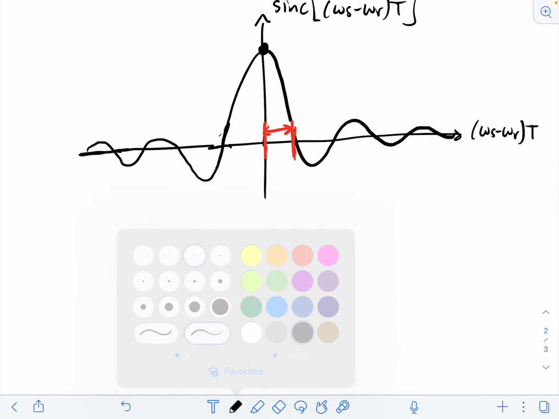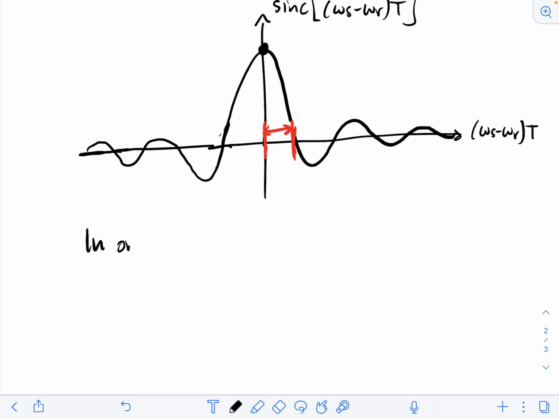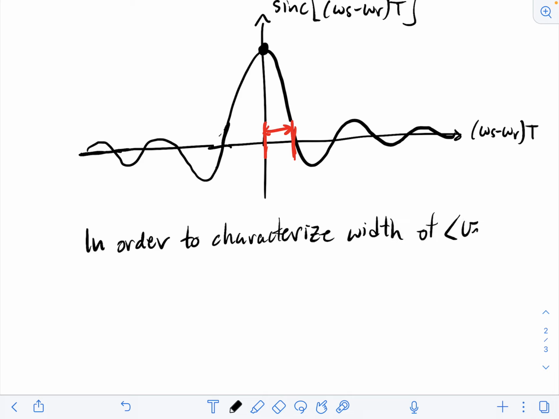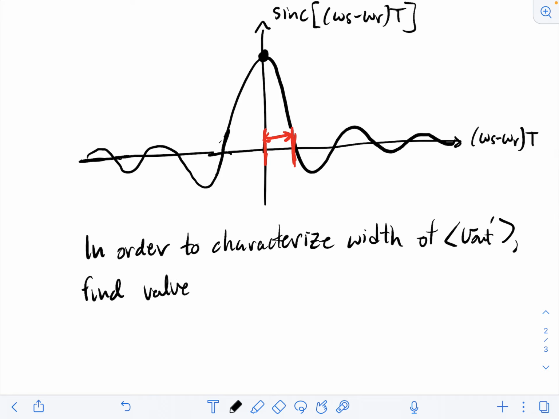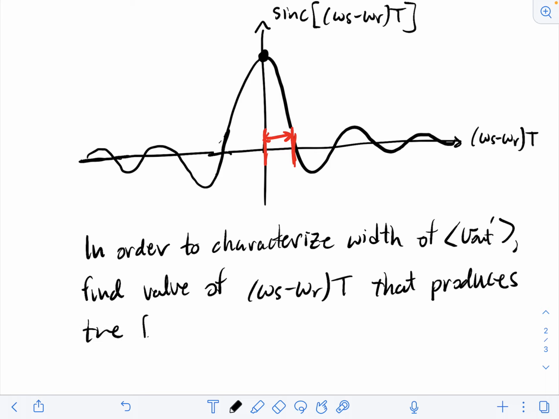Okay, so in order to characterize the width of this V out prime average, we're going to find the value of omega s minus omega r times the averaging time that produces the first zero of the sinc function.